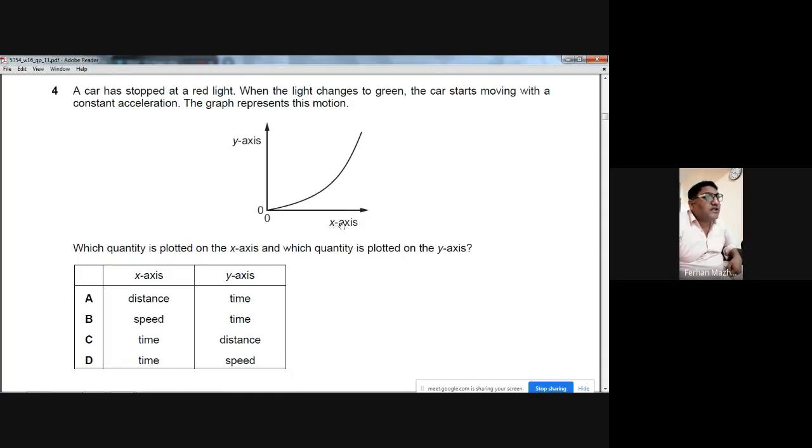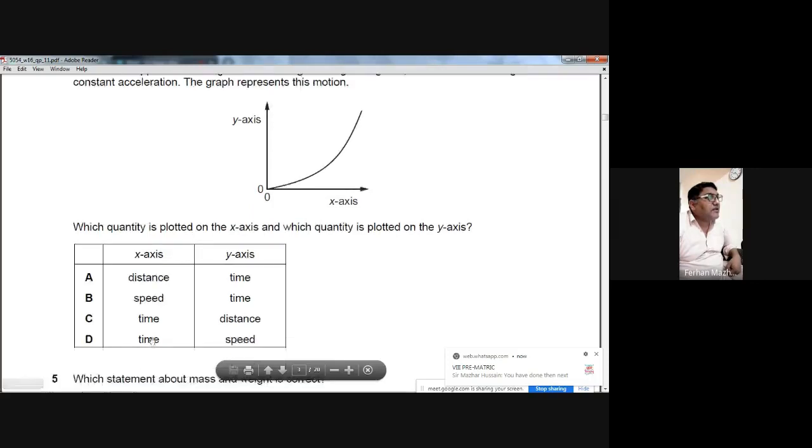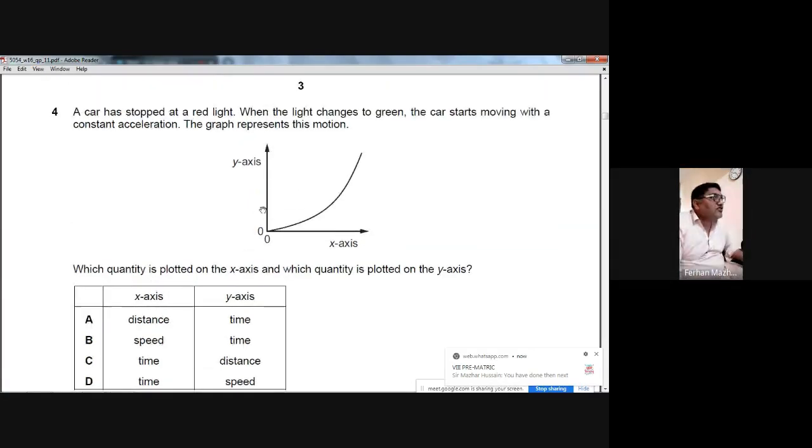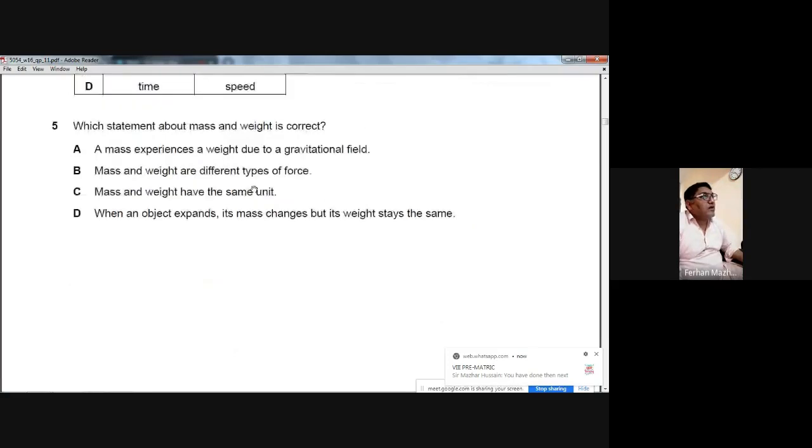So on the x-axis it must be time, and on the y-axis it should be distance or displacement. So time and distance, C is the best option. Question number 4, the option is C.